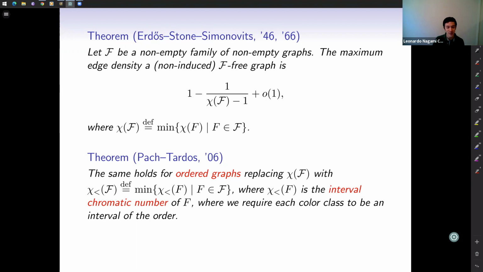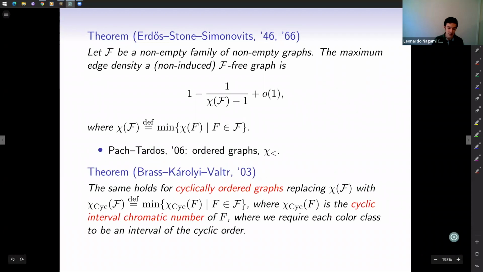Now, if everyone is reasonably happy with the interval chromatic number, let me give you a slightly different result that was discovered independently from this one. So if instead of giving an order of the vertices, I give a cyclic order of the vertices, so in the same way that you could think that the vertices are placed on the real line, you could think that they're placed on S1, on a circle. So now you don't have exactly an order, but you have a cyclic order.